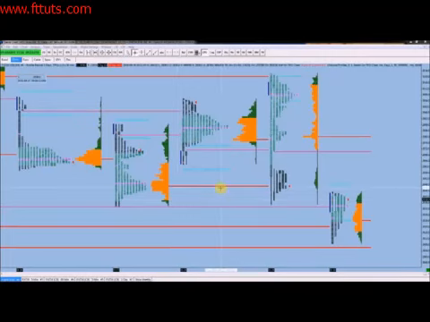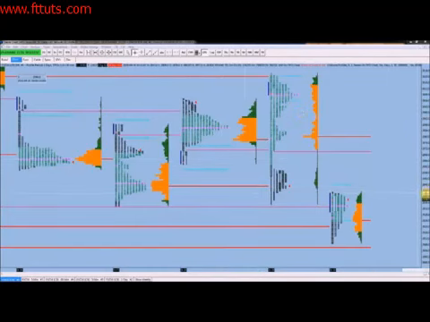So really, when you wind trading down, you're winding it down to one of two things. Is previous value accepted, or is the market shifting out of value? They are the only two things you should ever be thinking. Is previous value accepted, or are we shifting?